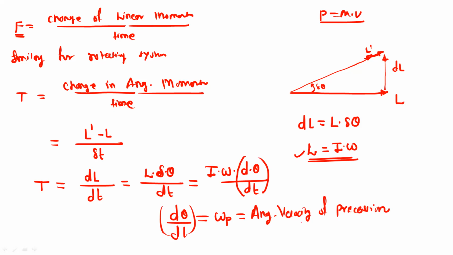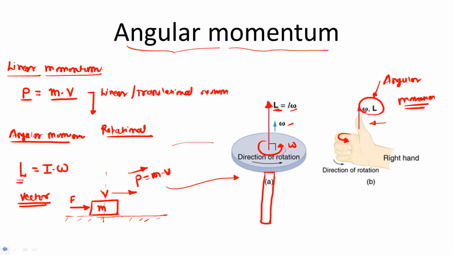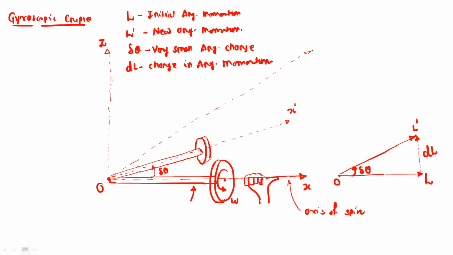So what is this angular velocity of precession? It is the velocity with which we are changing the position of this complete assembly about this perpendicular axis. Okay. So as we are rotating this shaft about this perpendicular axis, that rotation will have some velocity, that is angular velocity.